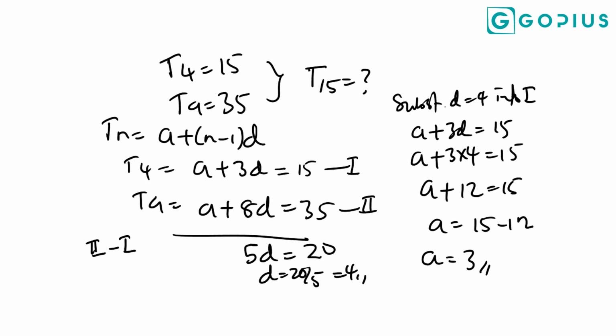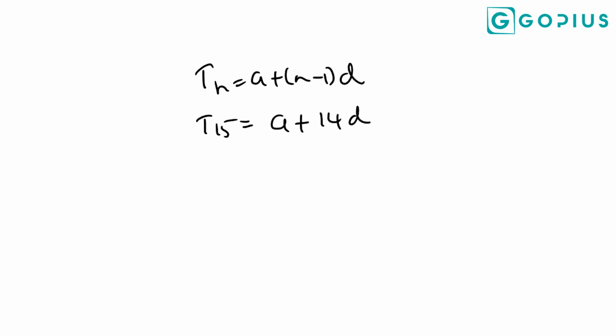We were asked to find the 15th term. The 15th term is found by the formula Tn equals a plus n minus 1 times d. So T15 is a plus 15 minus 1, which gives us 14, so we have a plus 14d. That's the formula for finding the 15th term. We know a is 3 from what we solved earlier, and we know d is 4.